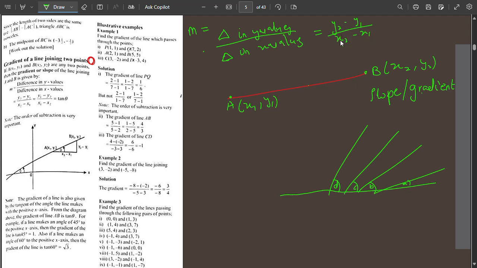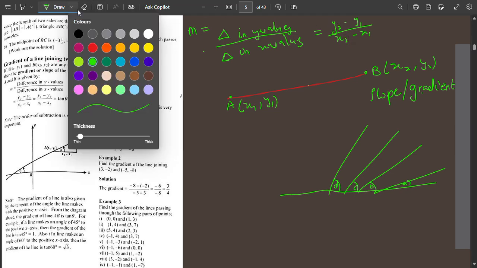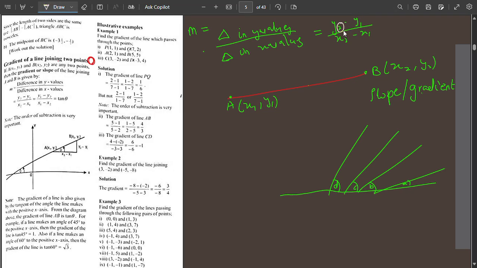But what you should know is, if y2 comes first, then x2 should come first. If y1 comes first, then x1 should come first. So the 2 here should correspond with the 2 here, and the 1 here should correspond with the 1 here.